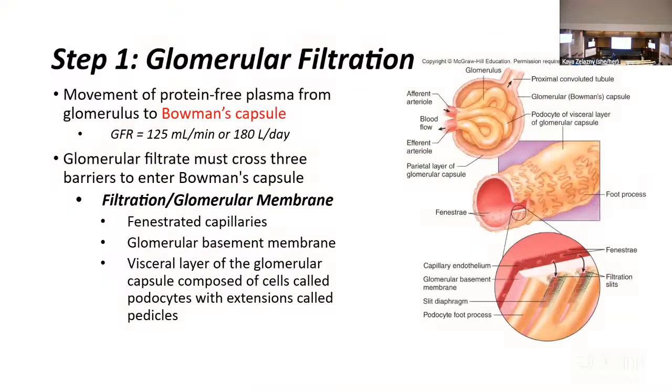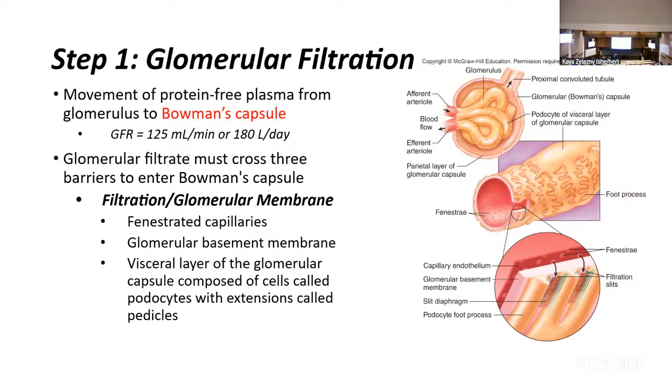That's basically the same process that's happening in the glomerulus as we are moving into our nephron. Okay. So at the top of our nephron, we have a specialized capillary called the glomerulus. So it looks all twisty. It has an arteriole going into it, the afferent arteriole, and an arteriole coming out of it, the efferent arteriole.